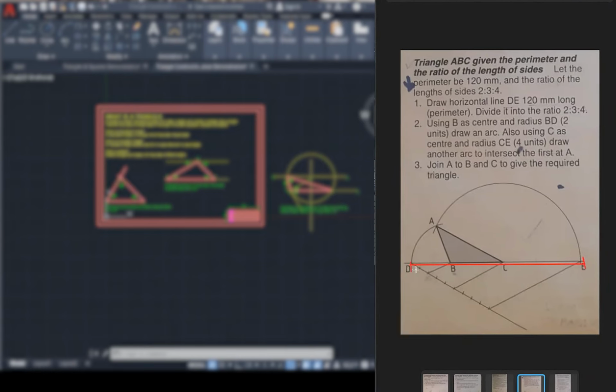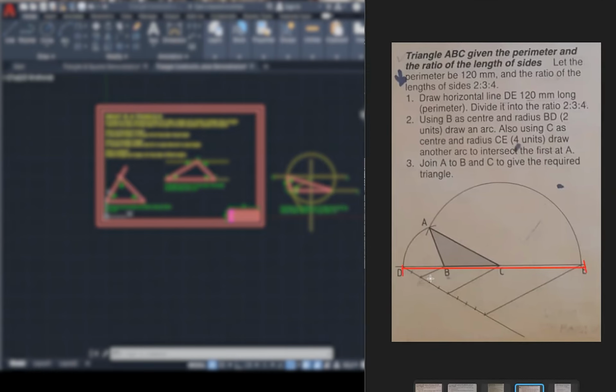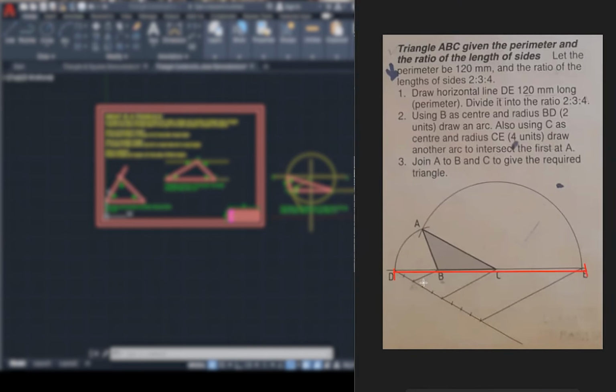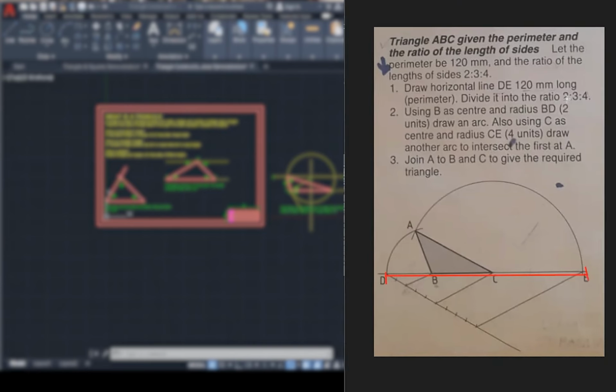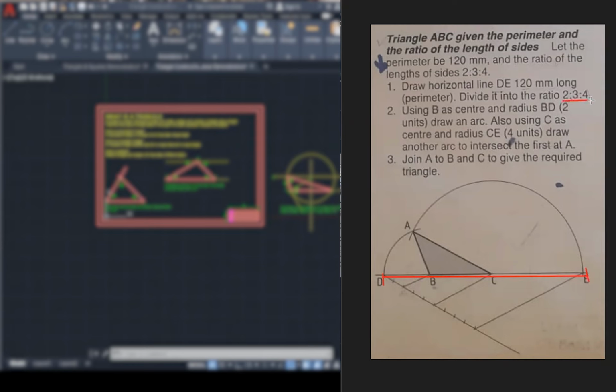That's the first thing. And then they're going to ask you to divide this line into a ratio of 2, 3, and 4. What this means is that you need to add these numbers and get a total. When you add 2 to 3, you get 5, and you add 5 to 4, you get 9. So these are 9 strokes here. Secondly, you need to come up with a construction line at any angle starting from D. I'm just going to put mine like that to show it's a random angle.